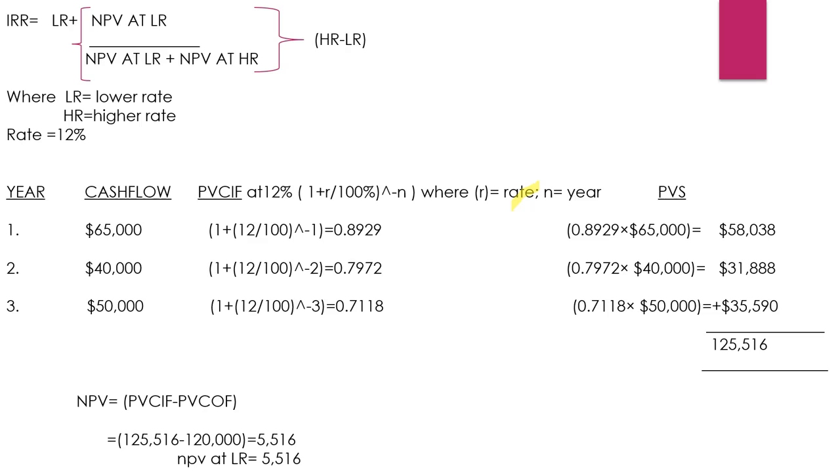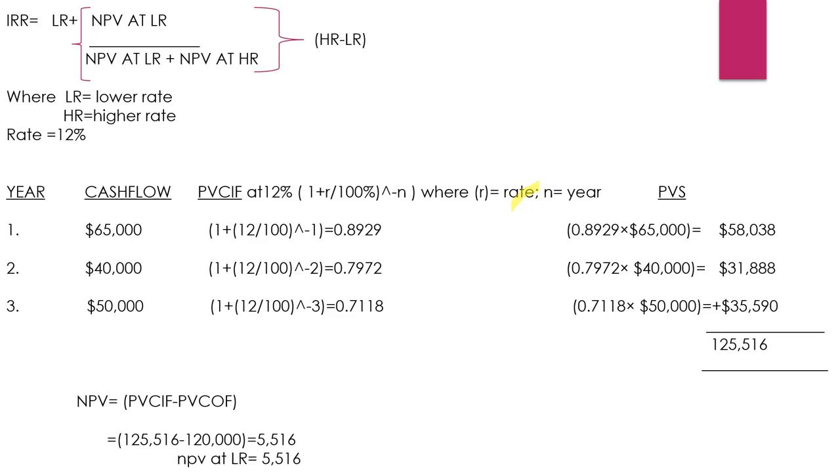516. So for us to get the NPV, remember on our formula, NPV is present value of cash inflow minus the present value of cash outflow. So it will be 125,516, which is the present value of cash inflow, minus the present value of cash outflow.